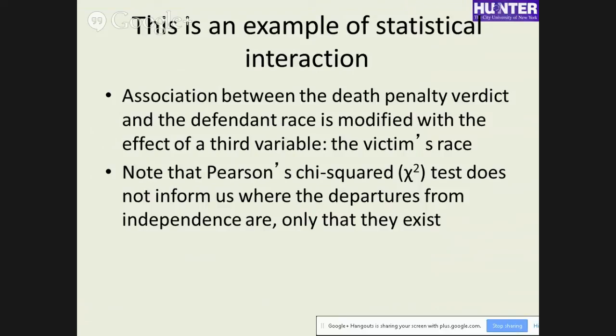As I mentioned, it's an example of a statistical interaction here between victim's race and defendant's race, and this sort of confounding conclusions from the data.